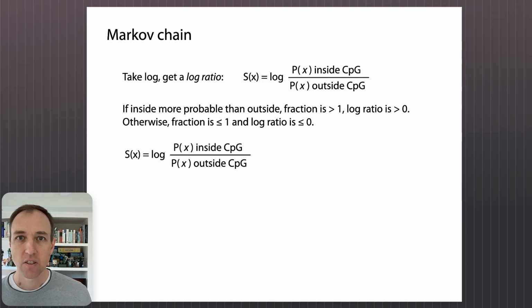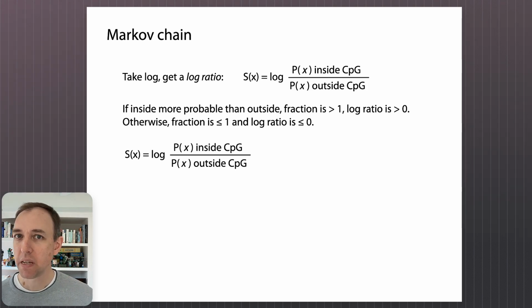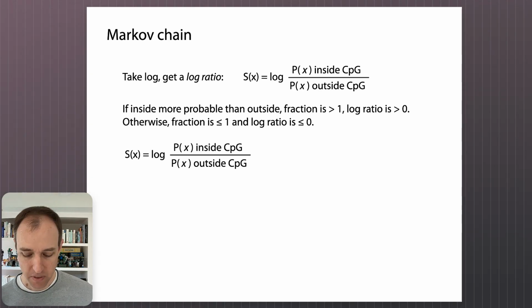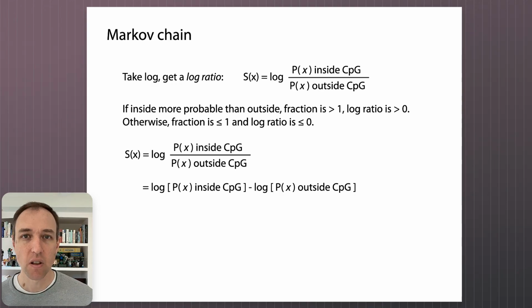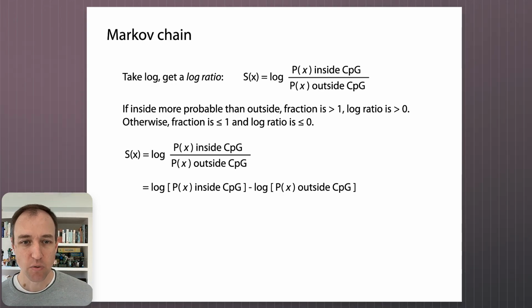And let's just do a little bit of math because we can rearrange terms in a way that's favorable to us. So if we take the log of this ratio, well, the log of a ratio is a difference of logs, right? So the log of that ratio is the log of the numerator minus the log of the denominator. Great. So far, so good. We just turned division into subtraction. That's usually a good idea.